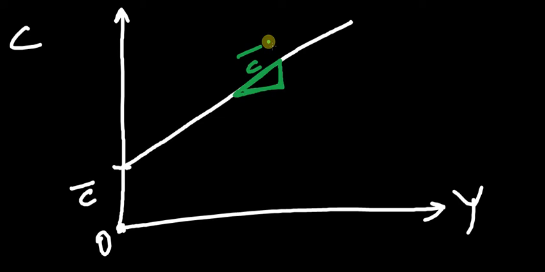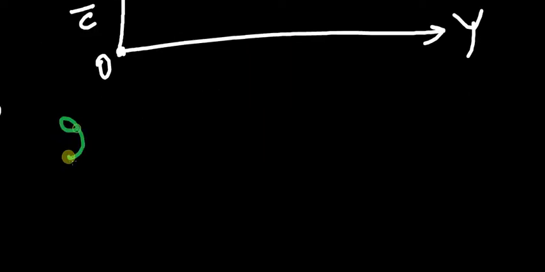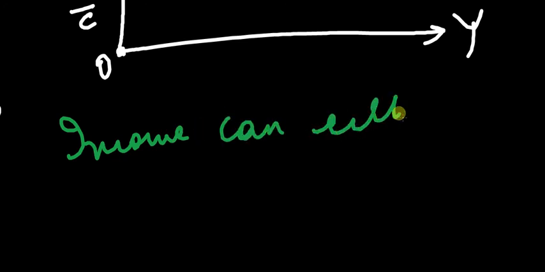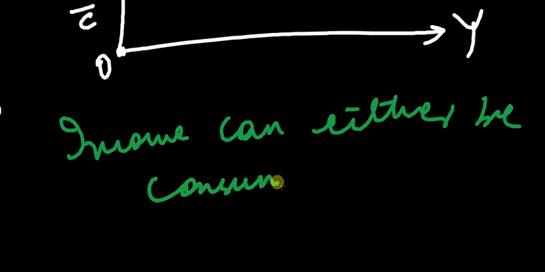Now we want to draw the savings function corresponding to this consumption function. We know that income can either be consumed or saved.